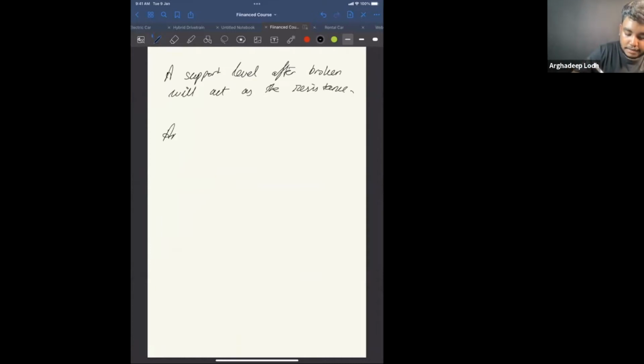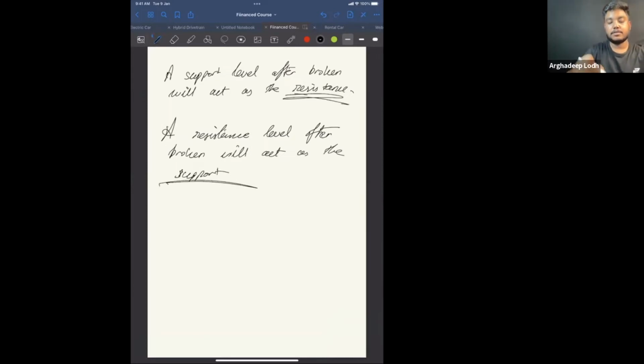A resistance level after broken will act as the support. Clear? Is it clear so far? Yes. Okay, fantastic.